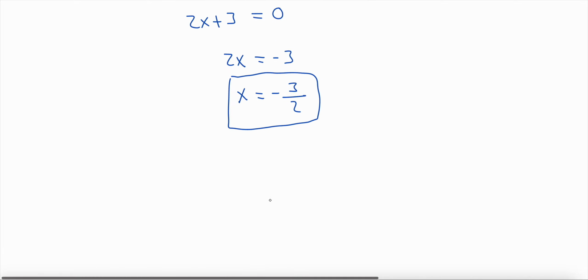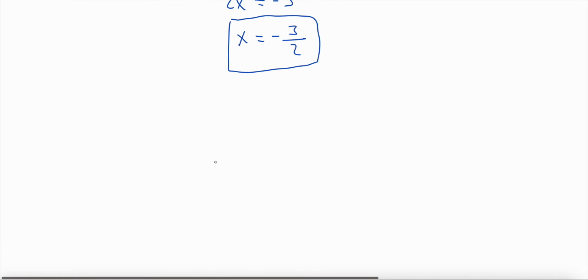And the last one I wanted to look at here, we have 9 to the negative 3x times 9 to the x equals 27. So we might be thinking, well, maybe we can change 27 on the right to have a base of 9 raised to some power.